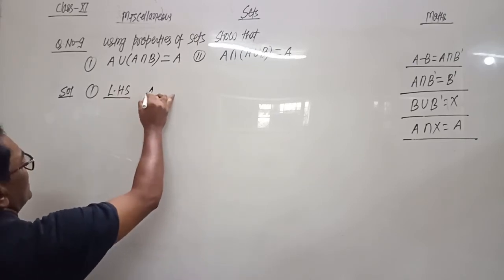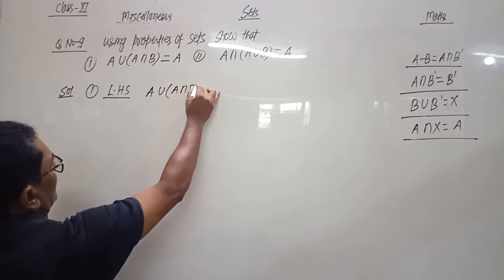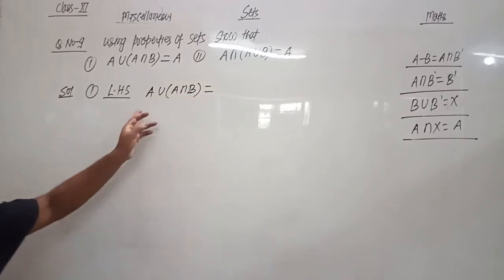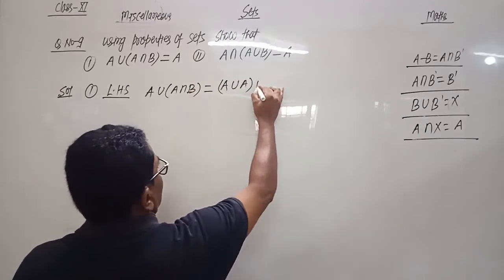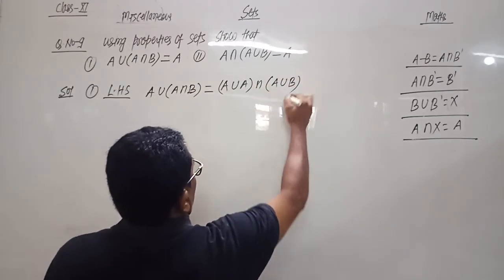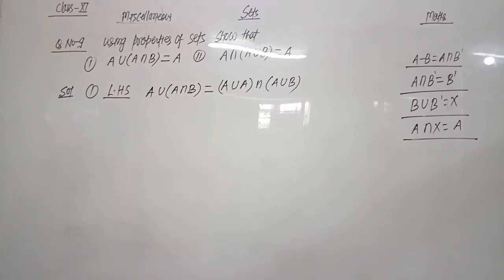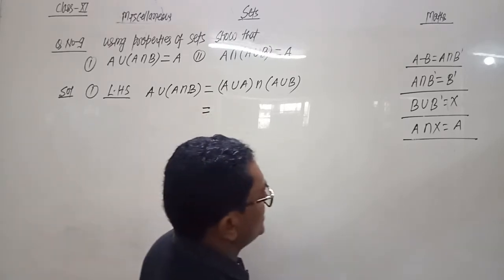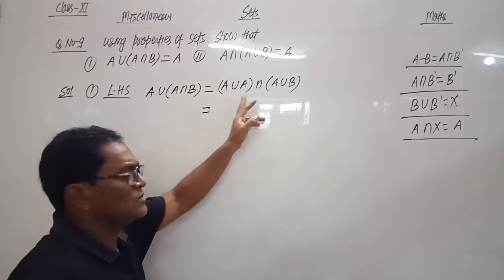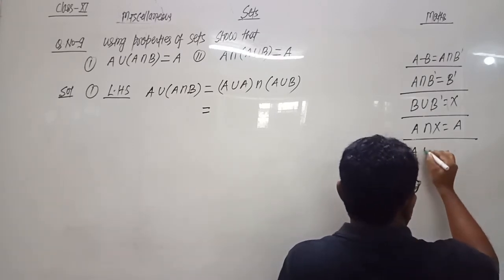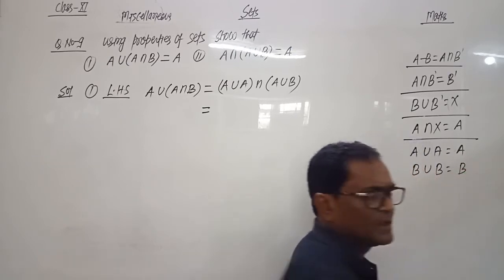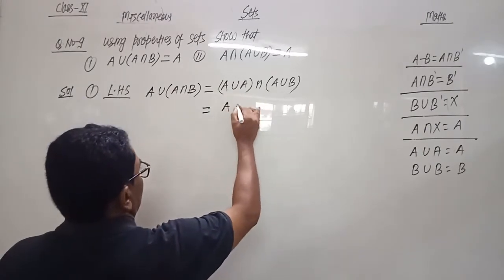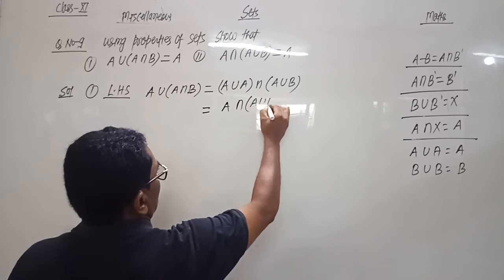LHS is A union A intersection B. The distributive property is written as A union A intersection A union B. Now A union A is written as A. A union A is always equal to A. B union B is also B. So A union A is written as A, and A intersection A union B.